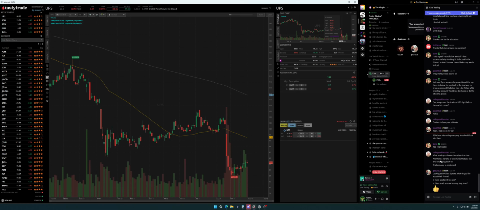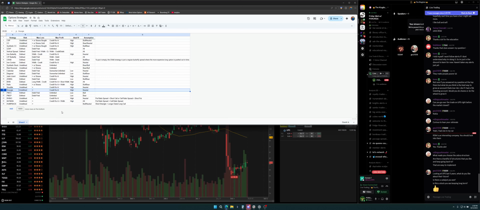Right now, rolling sushi. Are there a handful of structures that you like to keep going back to that are easy to implement? Yeah, we look here at my strategy list, and like I said, these are short. I like just a naked put or cash secured put. That's always a great one. Simple, easy.